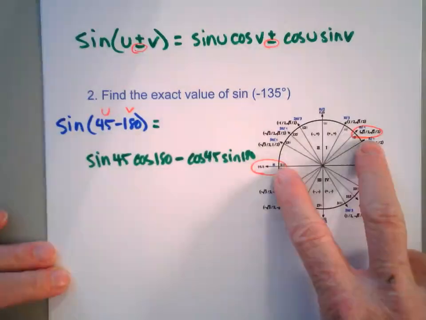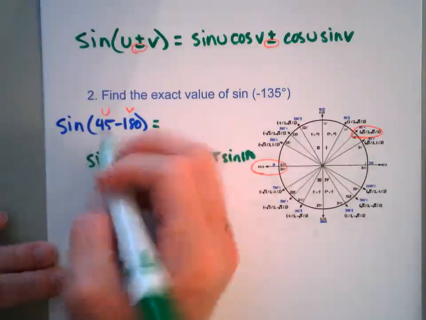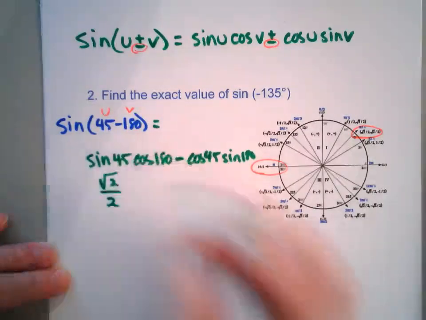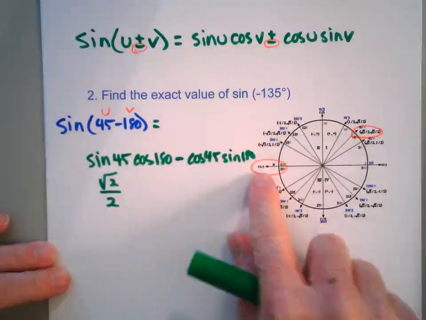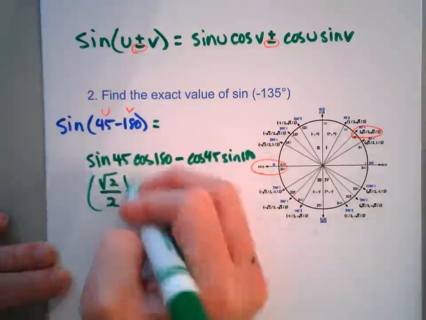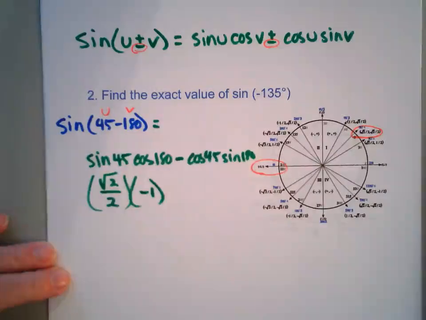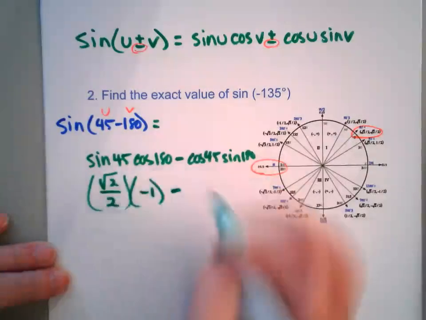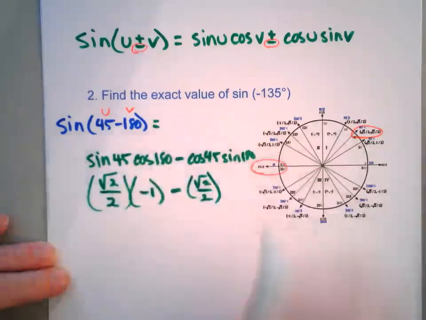Okay, unit circle, grab some values. That's going to be square root of 2 over 2, the sine of 45. The cosine of 180, hard to see, that's why you need a better unit circle. That's the x value of 180, which is negative 1, minus cosine of 45, square root of 2 over 2.